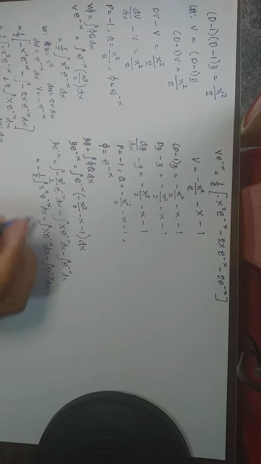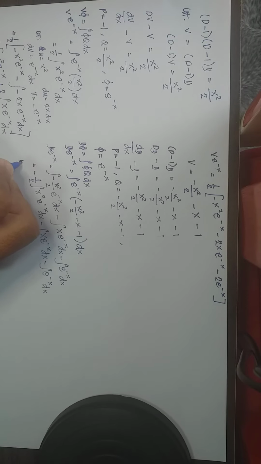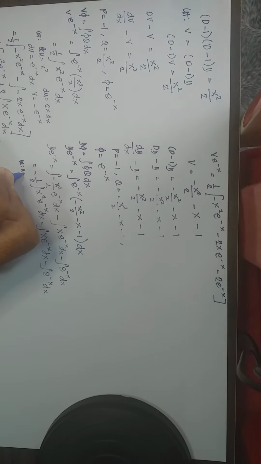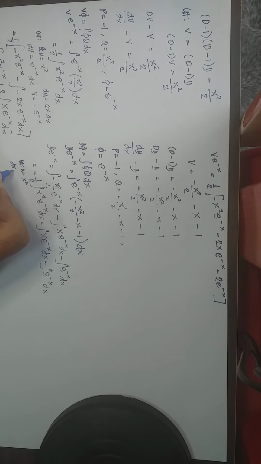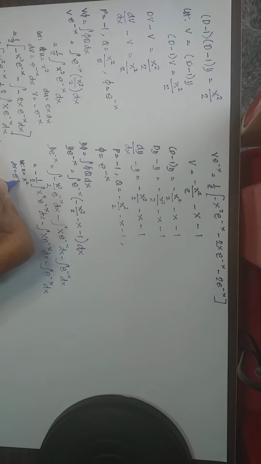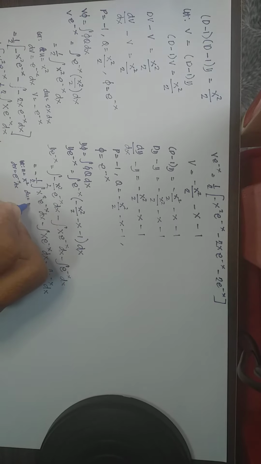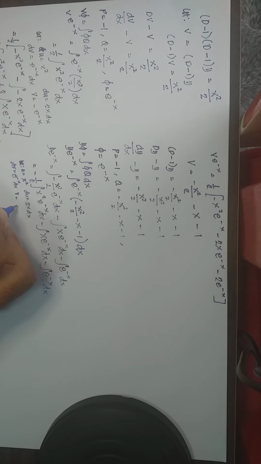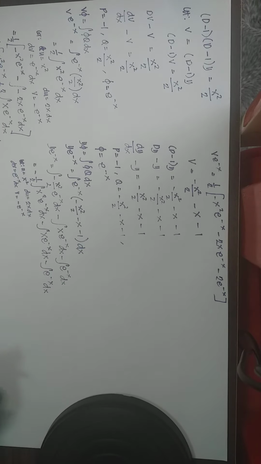Okay? Again, this is integration by parts. So we have, for the first term, we have to let u be equal to x squared, dv e to the negative x dx, du is 2x dx, and your v is negative e to the negative x.